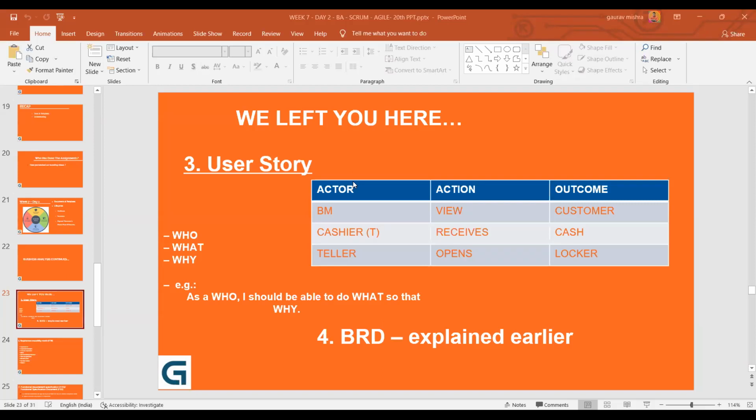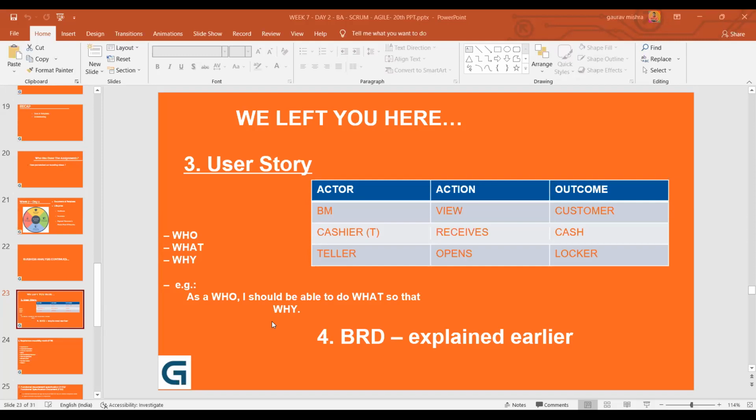So till now you have clarity about the user story. User stories are written like this as a hook: as a who, I should be able to do what, so that Y will happen. Who means actor, what means action, and outcome is Y. I want everyone to go one by one and create one user story.